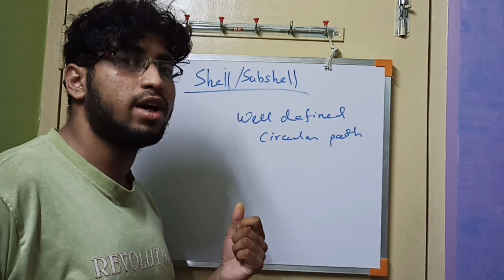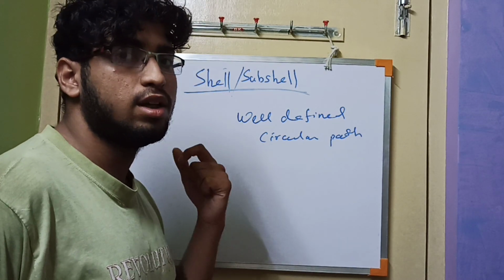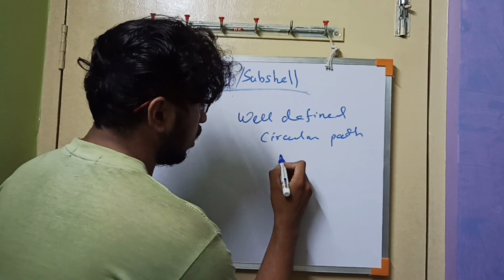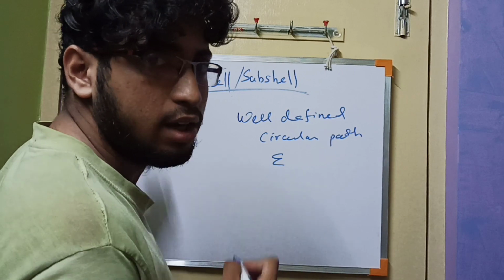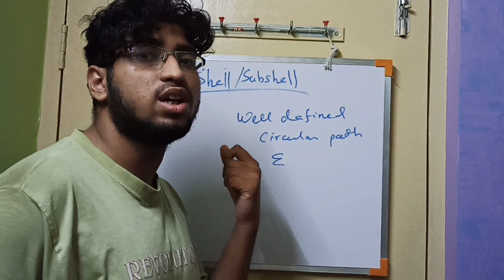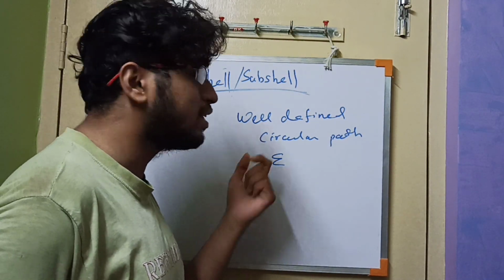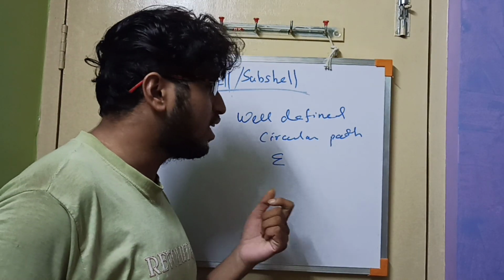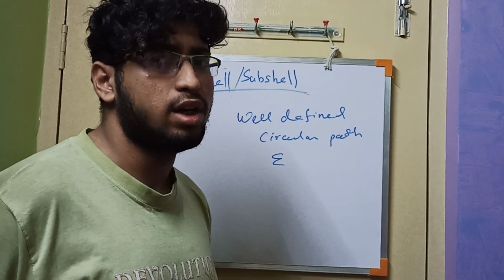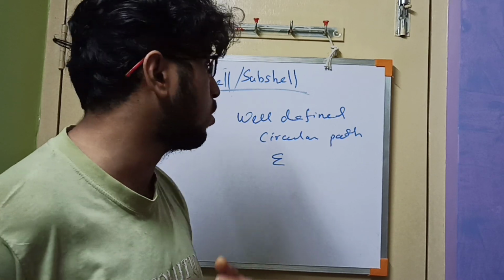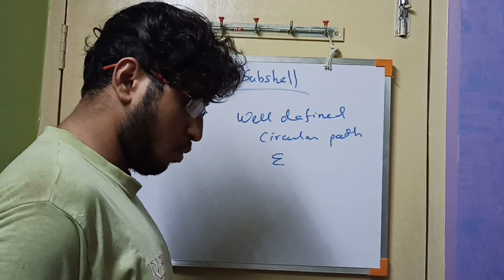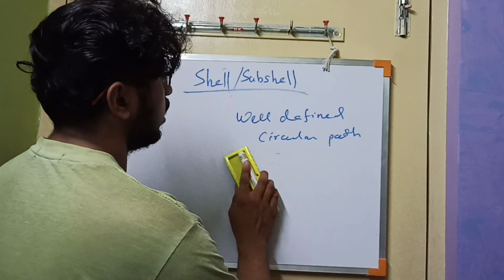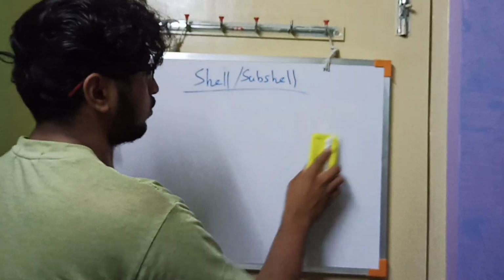A shell is a well defined circular path. It has a particular amount of energy and a particular shape, and as it is a circular path, we have to calculate a radius to estimate the size or shape of the shell. So generally we have given it a name, orbit.